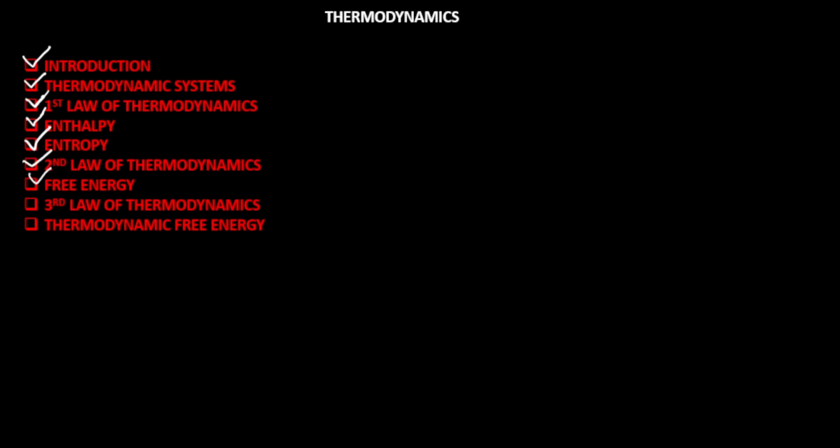Now, very quickly, let's consider the third law of thermodynamics. Now, for this video, we would not be considering the third law of thermodynamics in detail. We would only be taking a look at it on a very basic level. Okay, now what this law simply states is that the entropy of a perfect crystal at absolute zero temperature is 0.